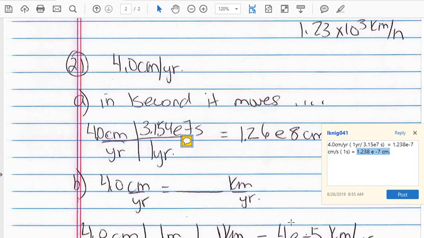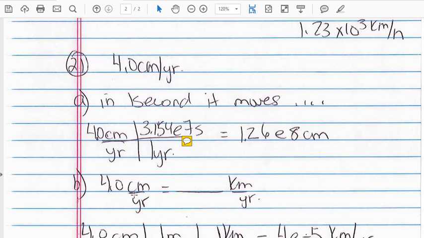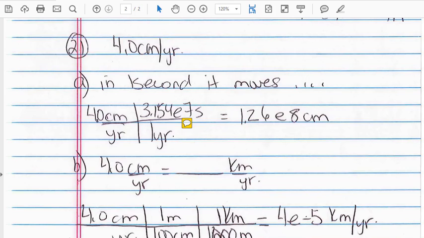Then the second thing I would do in that question is it wants me to find the movement rate in kilometers per year. So to do that, I'm going to change my centimeters to kilometers. Well, first, I need to change my centimeters to meters and then my meters to kilometers.